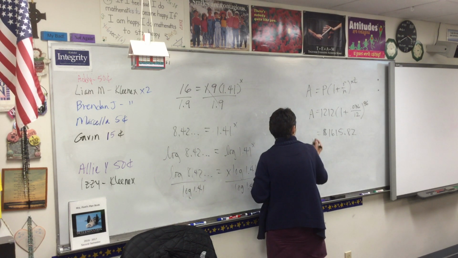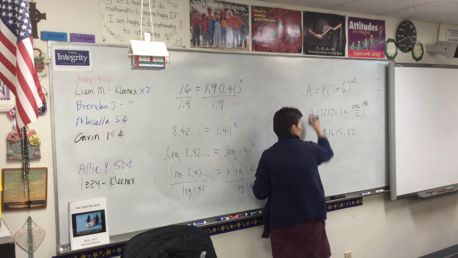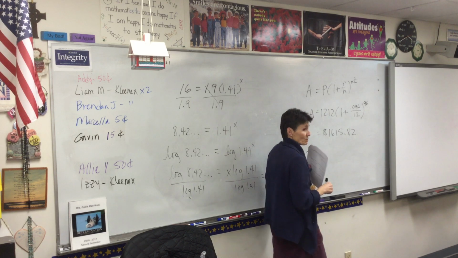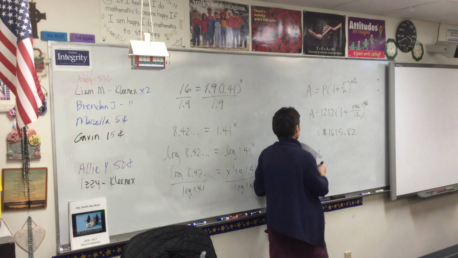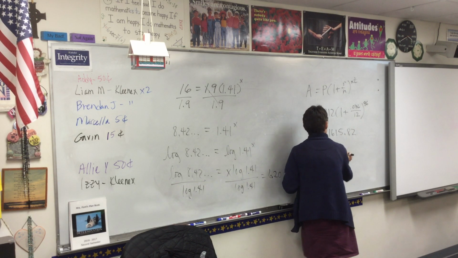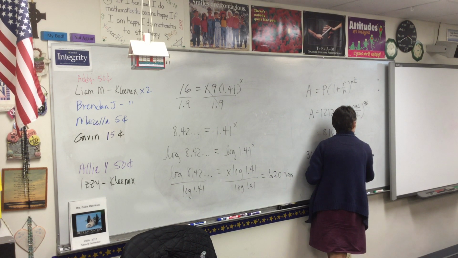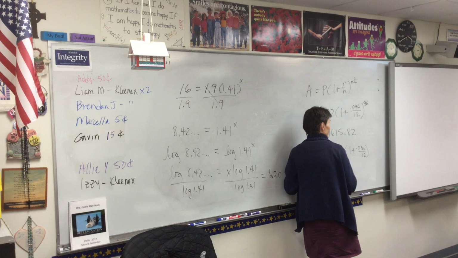What's it going to look like? A is going to be 3636, because we've tripled, that's times 3, the original investment, which is still 1212. Interest rate is still 0.036, still compounding monthly.